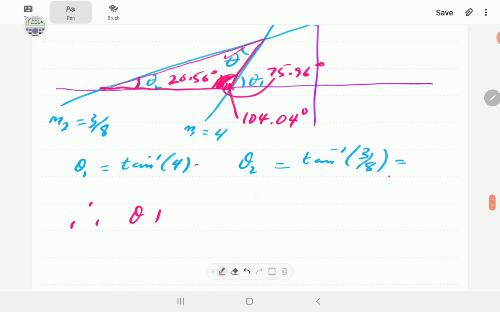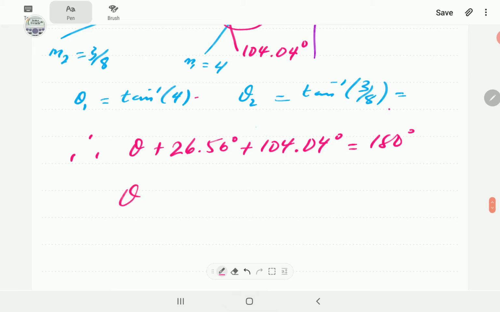So theta plus 26.56 plus 104.04 is equal to 180 degrees. So theta is 180 degrees minus the sum of 26.56 plus 104.04.